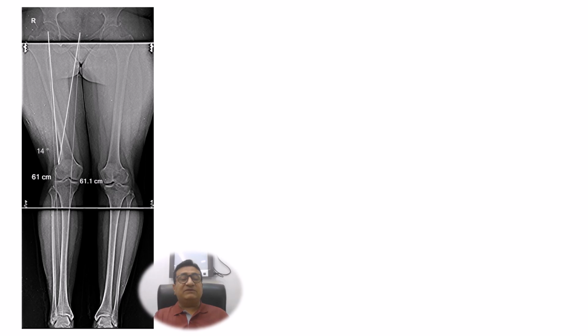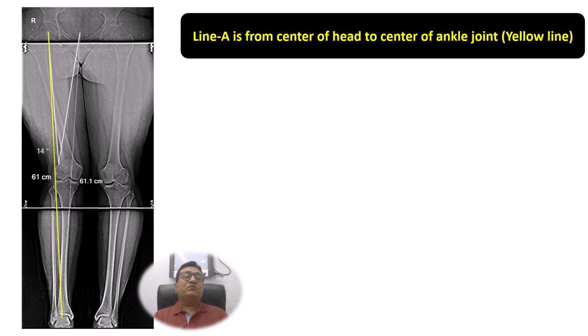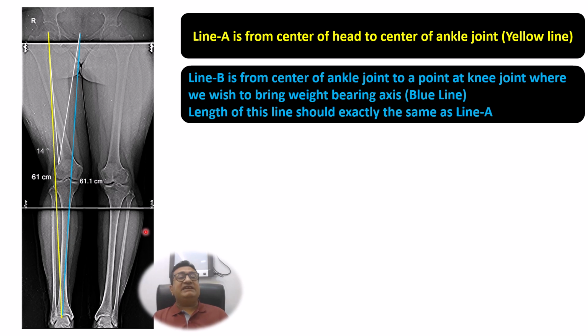For that, we first draw a line from the center of the head to the center of the ankle joint, which is the yellow line here. Then line B is drawn from the center of the ankle joint to the point where we want to bring our weight bearing axis after surgery, and it should be extended proximally until its length is the same as the yellow line.